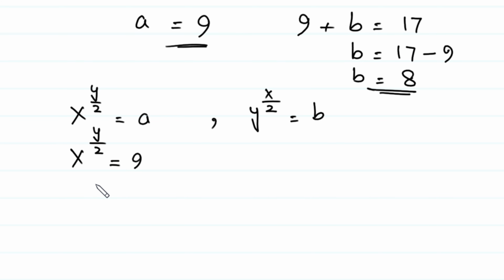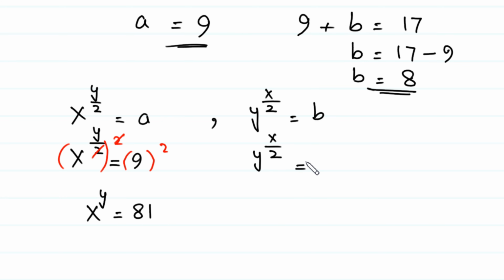Now we take square on both sides. This square will be cancelled with this square, and here left x to the power y is equal to square of 9 is 81, and from here y to the power x over 2 is equal to, we put here the value of b, 8.